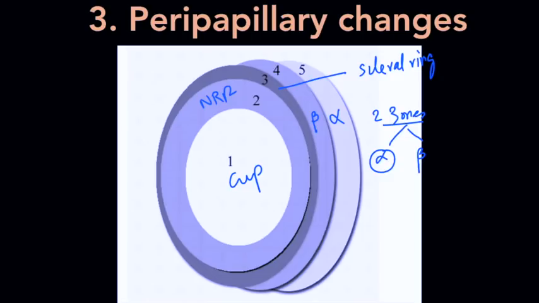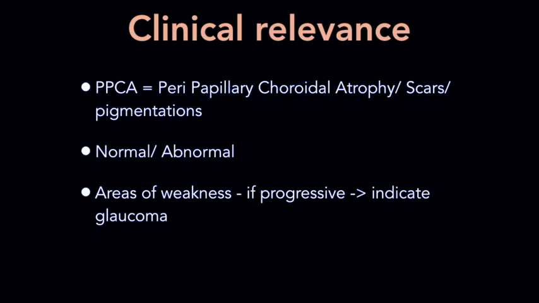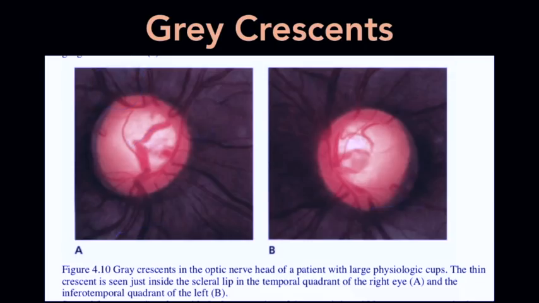The clinical relevance is that these are peripapillary choroidal atrophies or scars or pigmentations that can be normal, and they can be abnormal as well. These are areas of weakness, and if we find a progression of these zones, they are indicative of glaucoma, and they're more commonly seen in very high myopia patients. Okay, and one important thing to remember is the gray crescents.